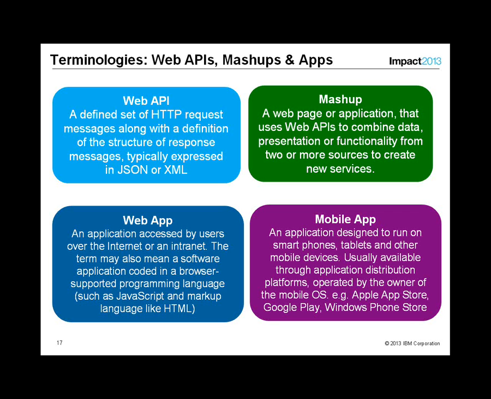What's typical about a web API is it's either expressed in JSON or XML, and that's what makes it a web API. The protocol is HTTP. The payload is either JSON or XML. Those are the key ingredients of a web API.